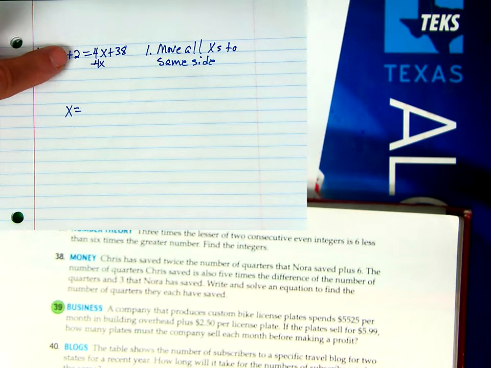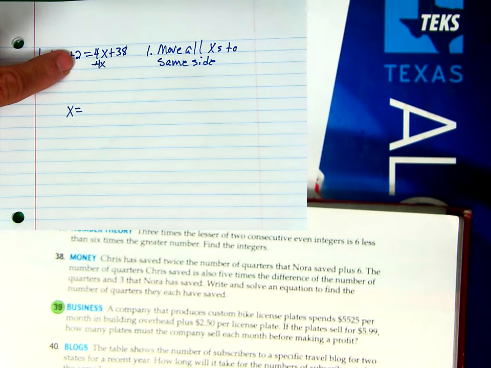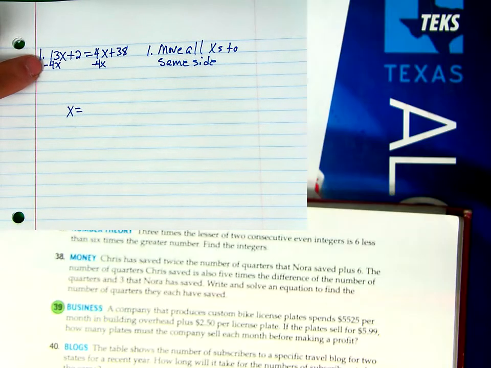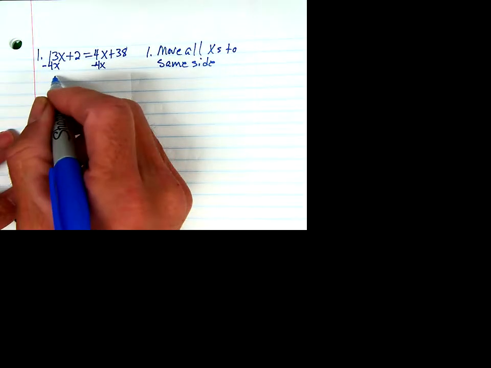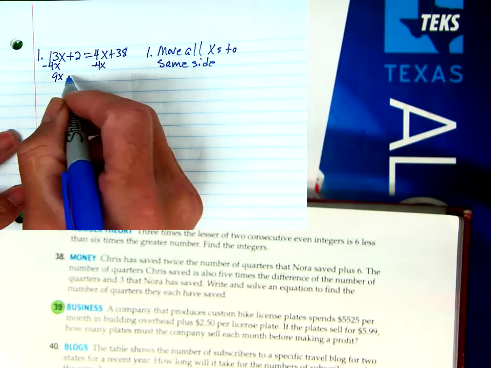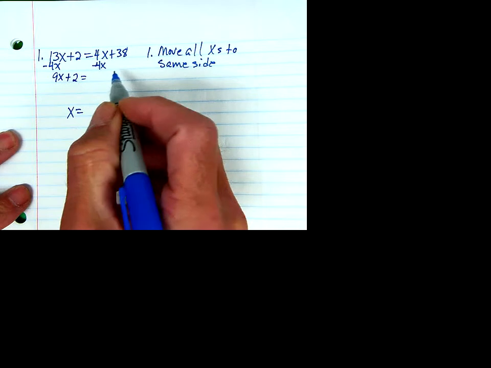Some of us get confused and we write it here underneath the 2, and then we try to do the subtraction there. Just make it easy on yourself. Write it below the x's that are here. So 9x plus 2 equals 38.